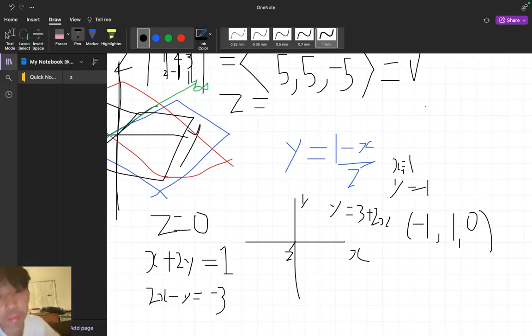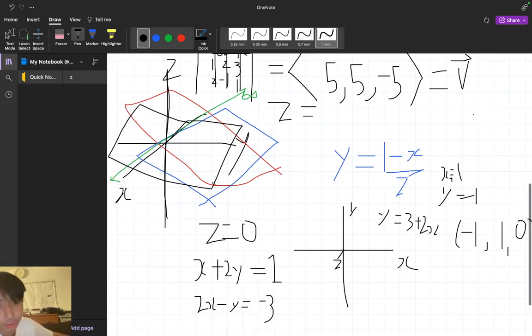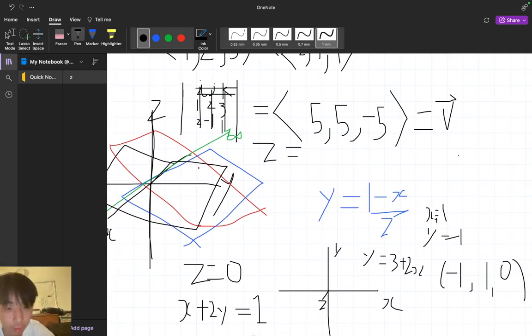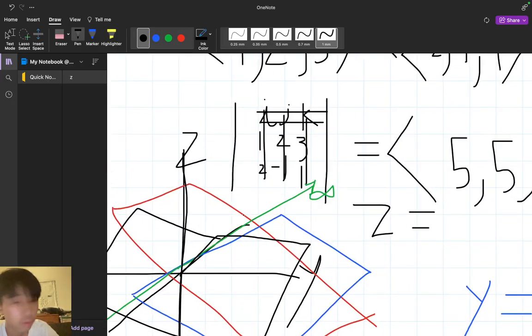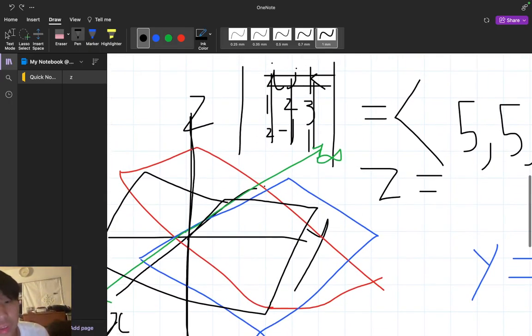And why this is important is because we just got the vector v and we're looking for the plane that contains this line, right? We got the vector v, so it should be something parallel to this line.